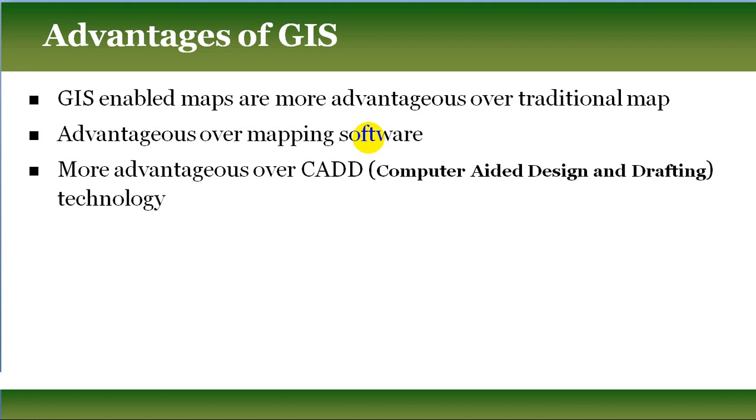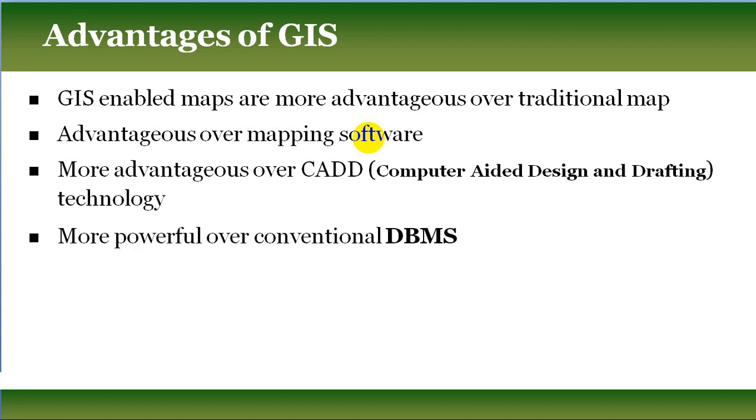So GIS can handle geographical data, and this old popular technology CAD can also handle geographical data. But GIS has certain advantages compared to CAD. I am going to discuss CAD much more elaborately in the next slide.